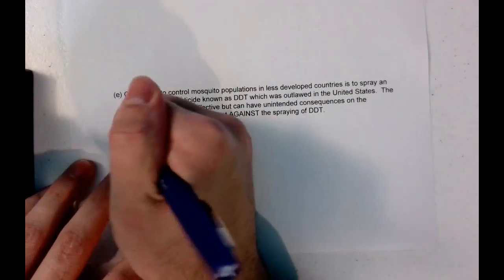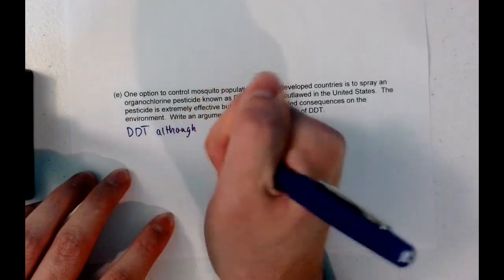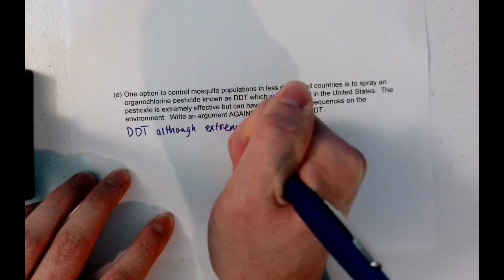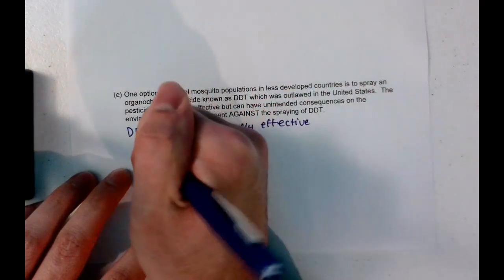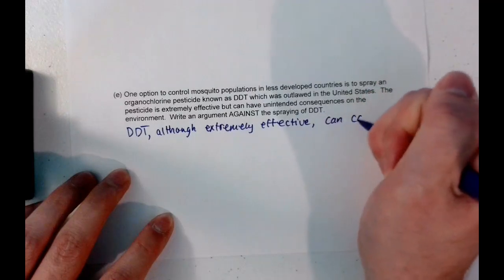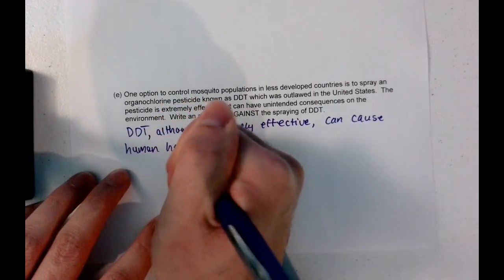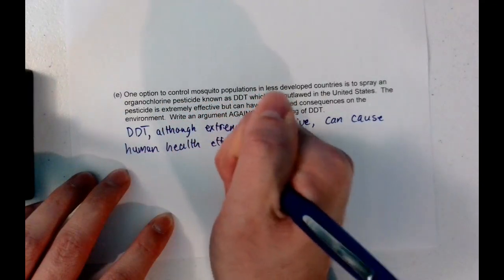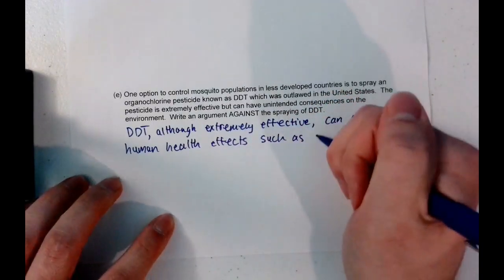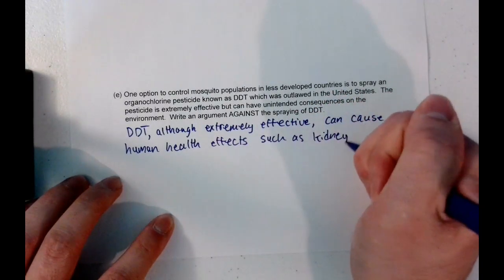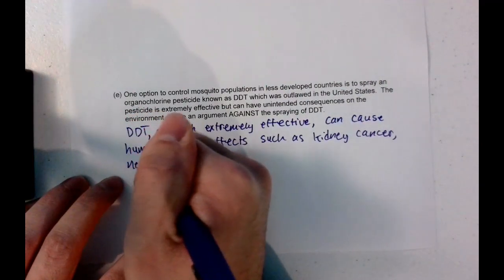Okay. DDT, although extremely effective, can cause human health effects such as kidney cancer, neurological effects.